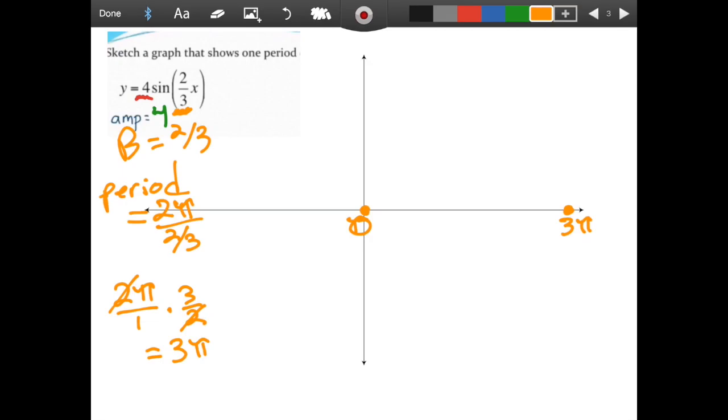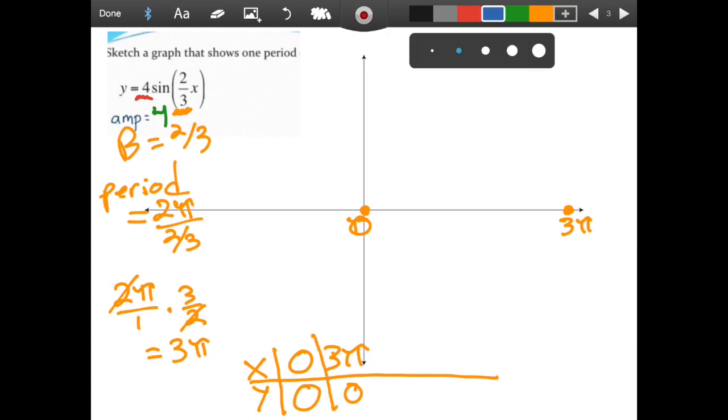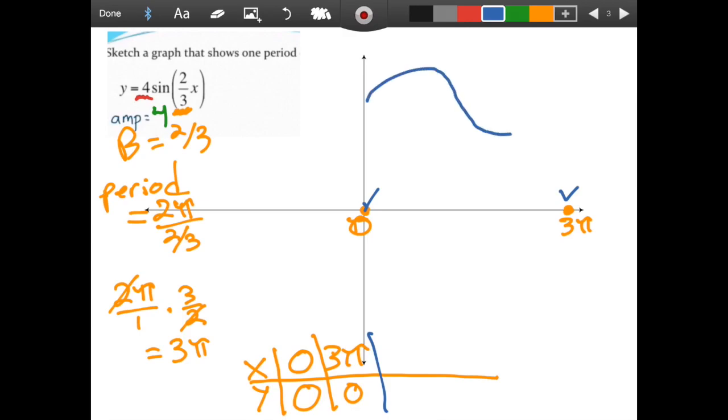I know that if my angle is 0, the outcome is 0. If it's 3 pi, the outcome is also 0. And so how do we map out the rest of this? This can be a little tough, but recall that in between 0 and 3 pi, I need that full cycle.